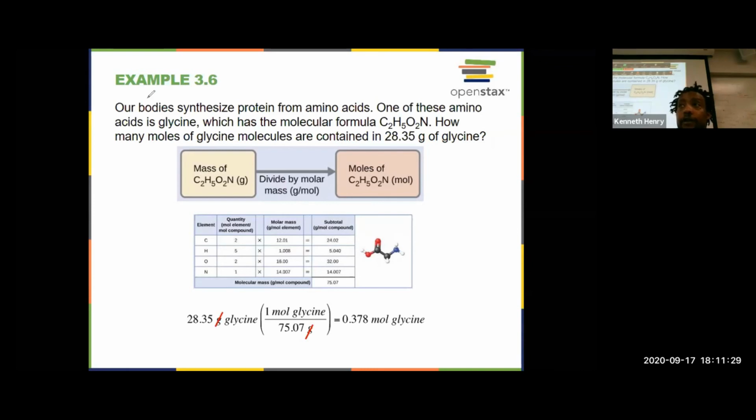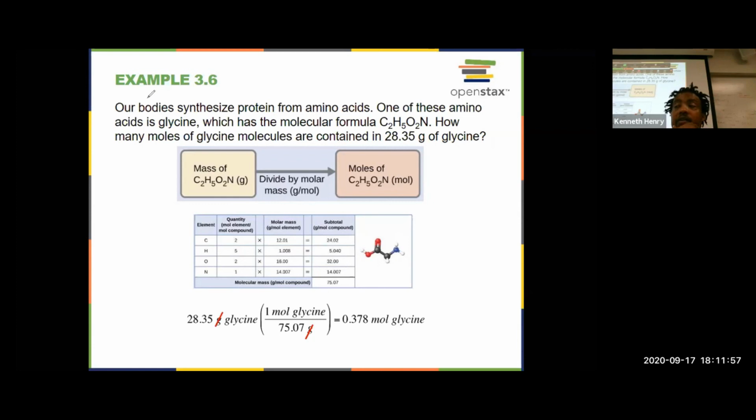This is the molecular formula for glycine. The question says, our bodies synthesize proteins from amino acids. One of these amino acids is glycine, which has a molecular formula of C2H5O2N. How many moles of glycine molecules are contained in 28.35 grams of glycine?